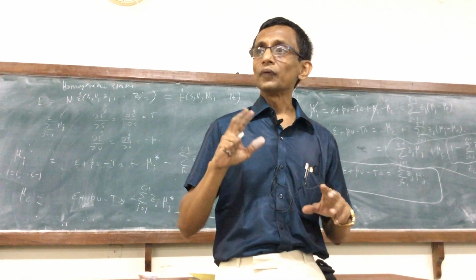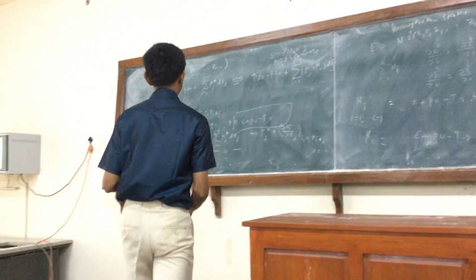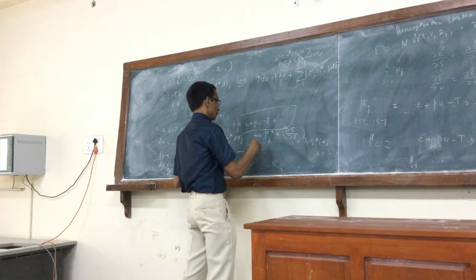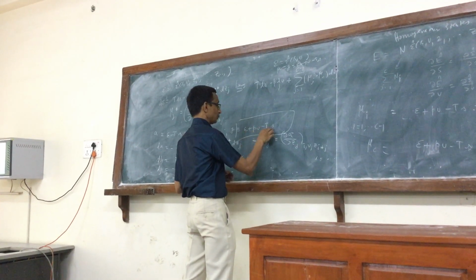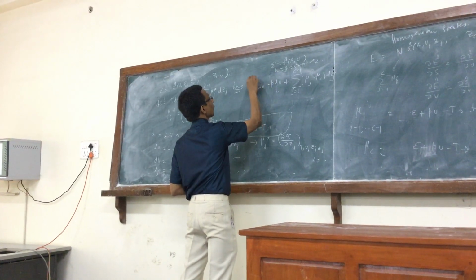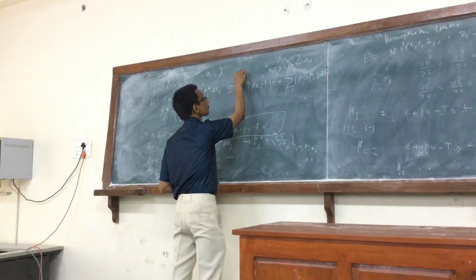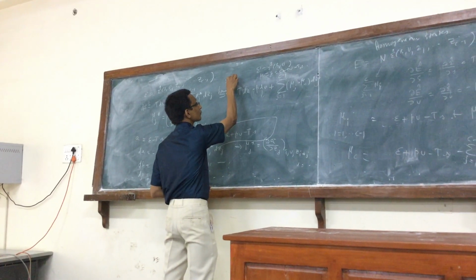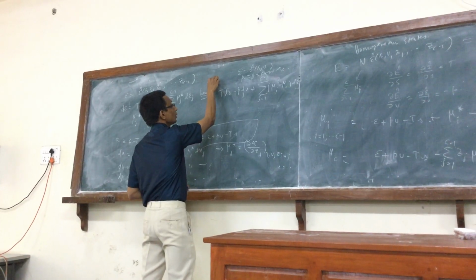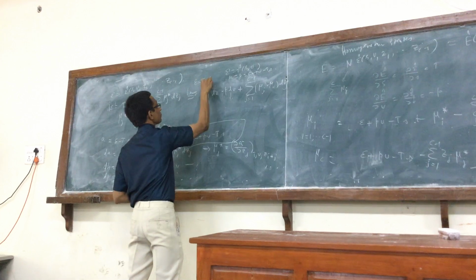So now we can see, just as we showed, that we can write it differently here. E plus Pv minus Ts is for the pure component, rather. Now I can write E as Ts minus Pv.